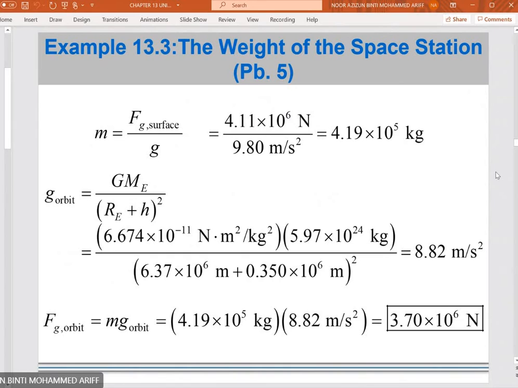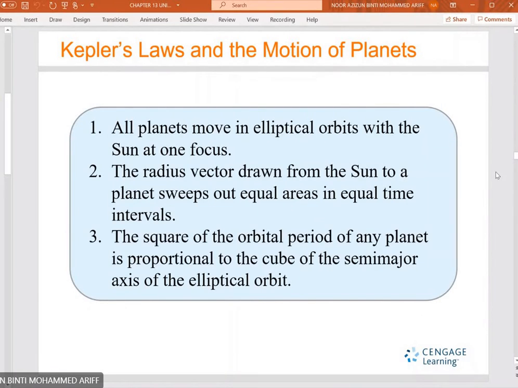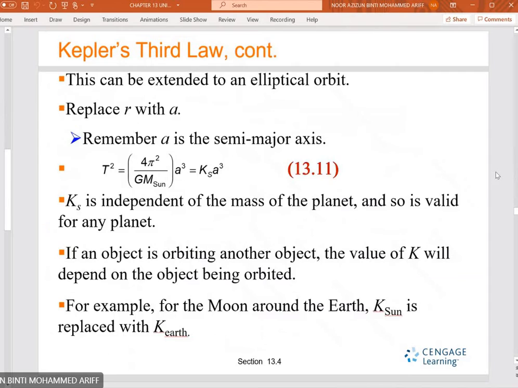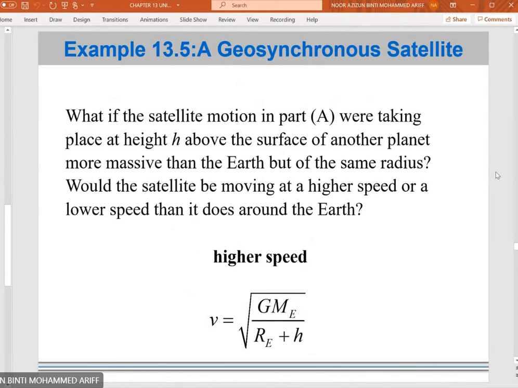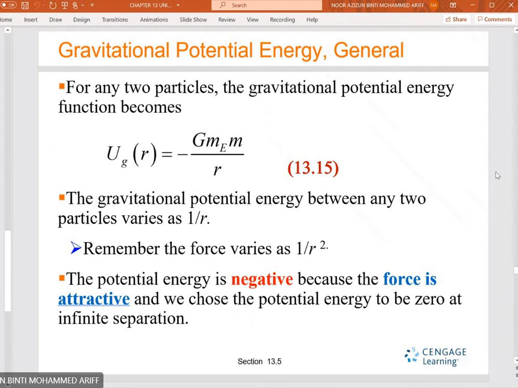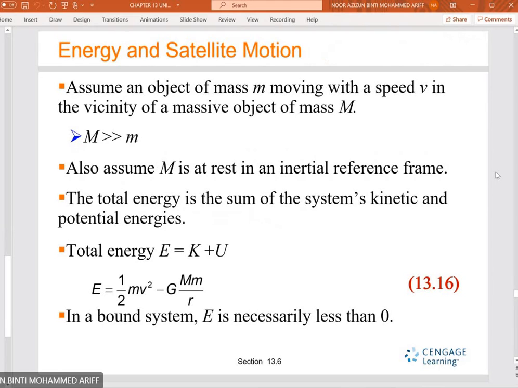Okay, 345, sorry, 347, energy consideration in planetary and satellite motion, but we will only discuss until escape speed. But how far has your group actually reached? 13.6, right, not yet the last one. So I think I made a mistake. Okay, this one.